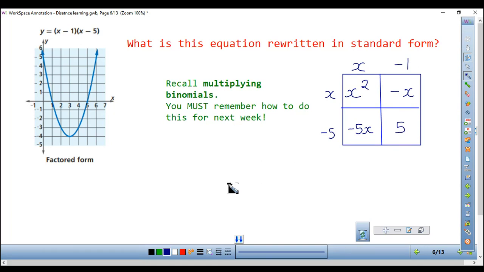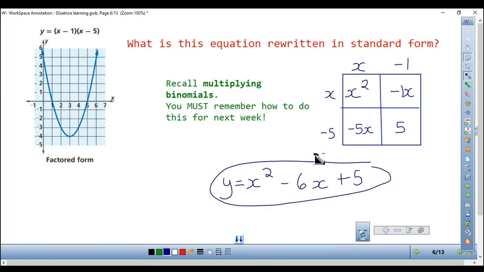And we can put all of that together. So we end up with y is equal to x squared, negative 5x minus 1x, put that 1 in if it helps you, is minus 6x plus 5. So this is exactly the same as this. These equations are the same.